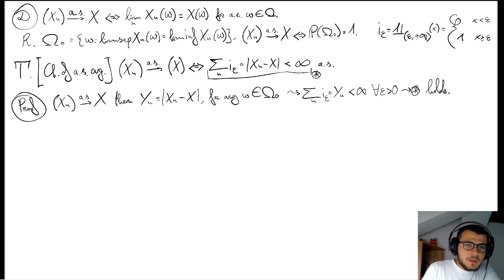Now, for the other implication, assume that asterisk holds. And consider epsilon_k strictly decreasing to 0 as k goes to infinity.